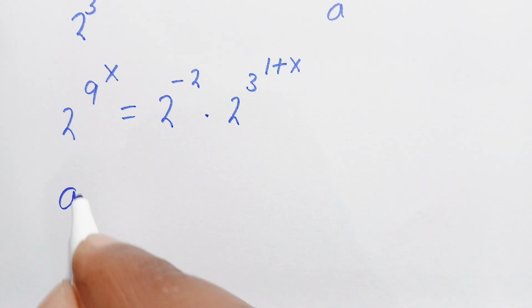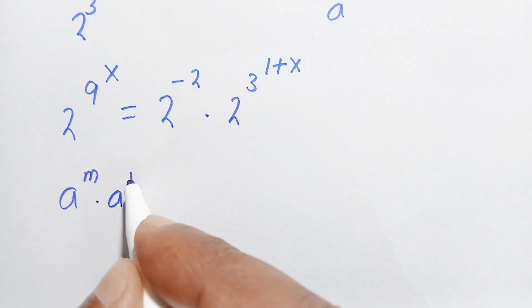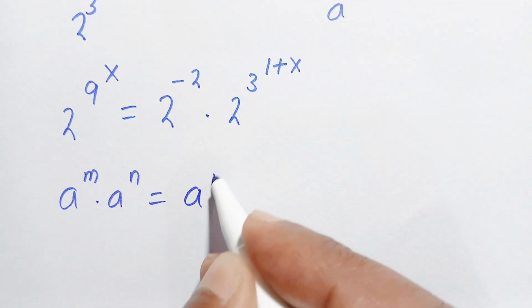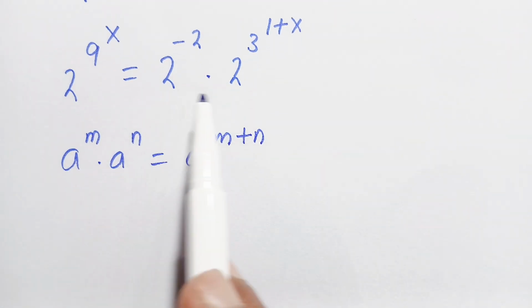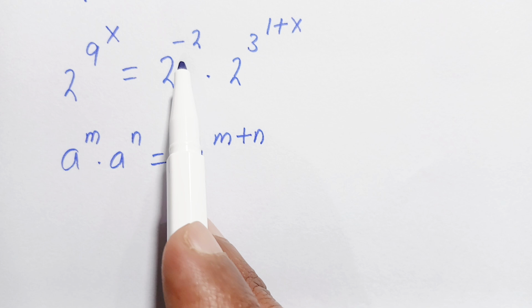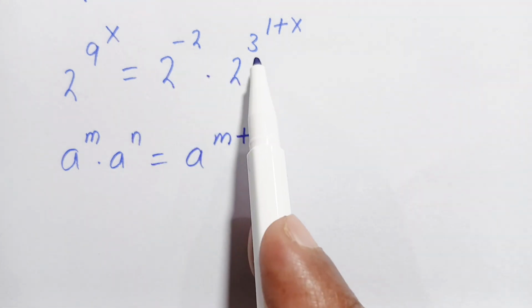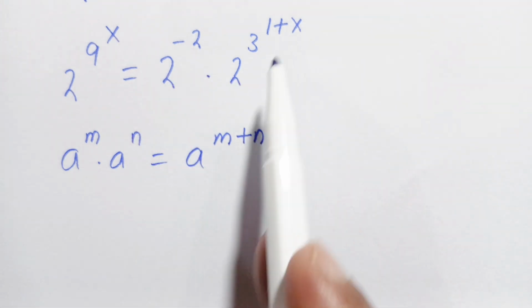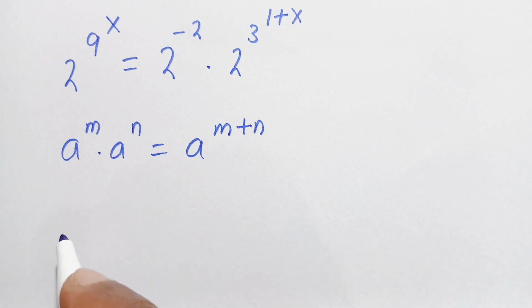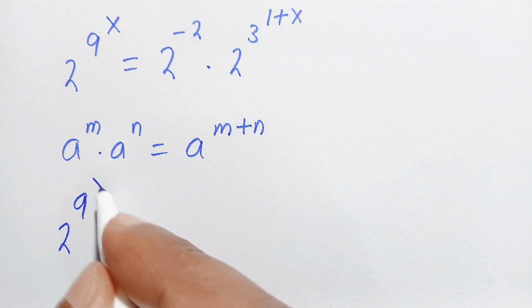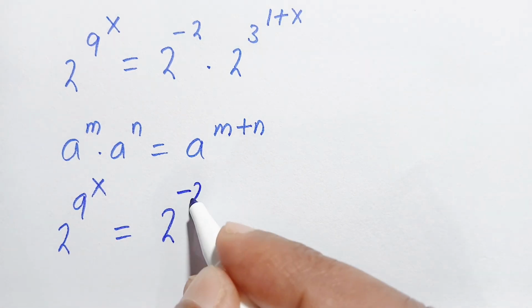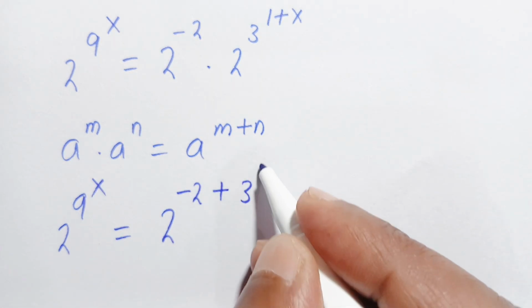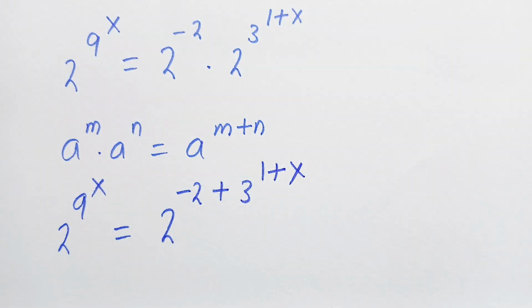Now again a^m times a^n is equal to a^(m+n). Here a is 2 and the power is minus 2, and the other is 3^(1+x). Therefore 2^(9^x) is equal to 2^(-2+3^(1+x)).